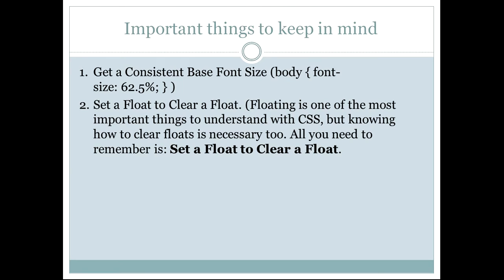That means, say you have one declaration with 12 pixels, and then another one with 100 pixels. That doesn't make sense. It has to be consistent. Not match, but it has to make sense what size you're using and everything else.